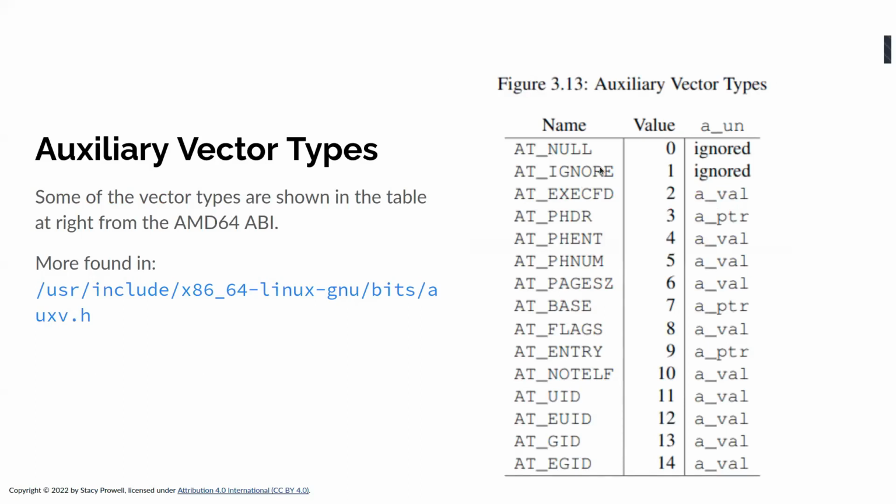It entertains me a lot when people create a type like ignore and say it's ignored. I'm like, why did you do that? I don't know. Sure, fine. They already have a null, which is ignored. Then they have a few other things in here. The one that maybe is interesting is this one right here, AT_ENTRY. That's your entry point.